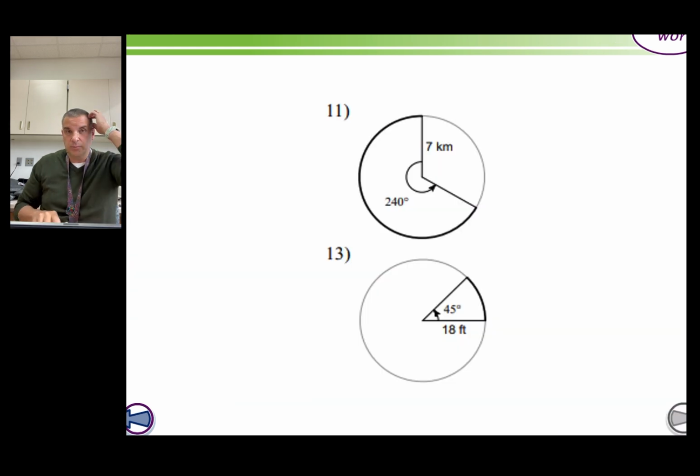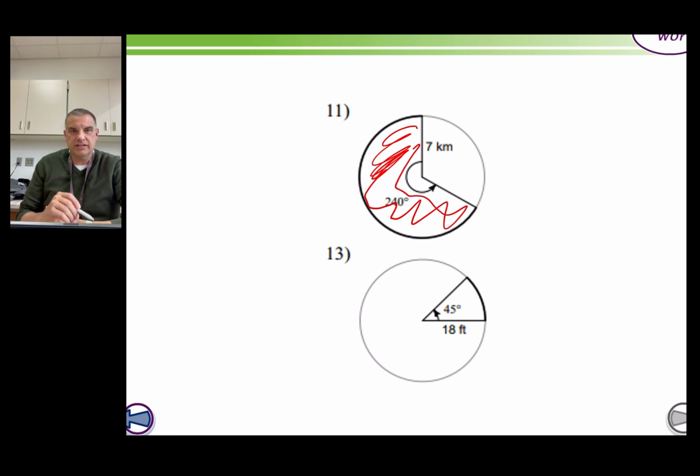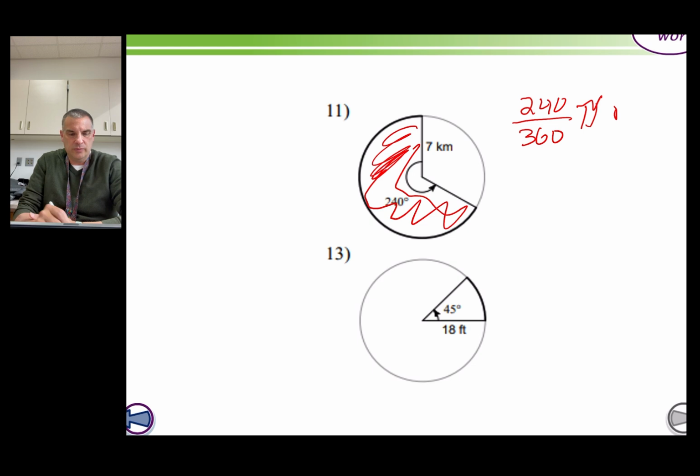Let's look at a couple more. In question number 11, we want to find the area of this sector right here. We know that it's 240 degrees out of the 360 total. It's going to be times pi times our radius, which is 7 squared. 240 divided by 360.